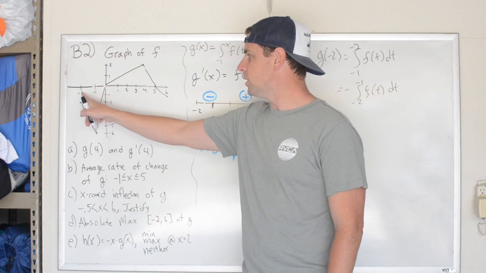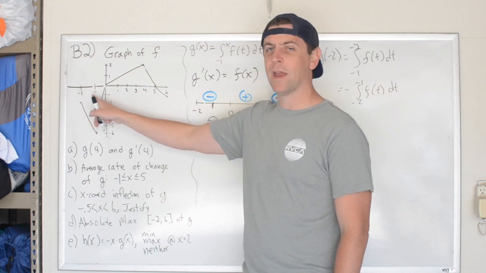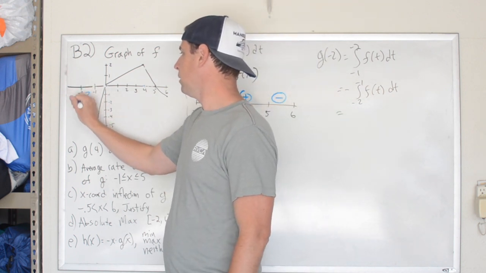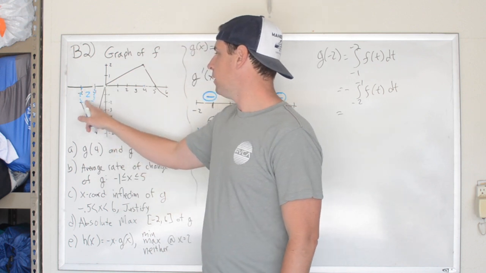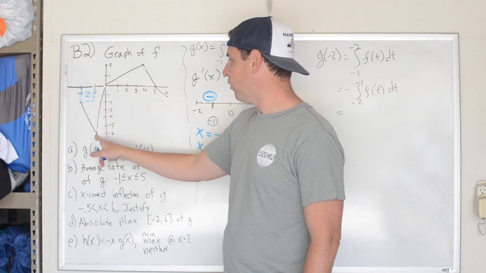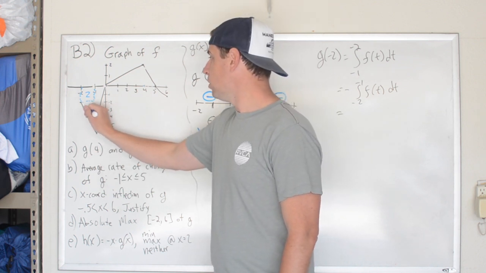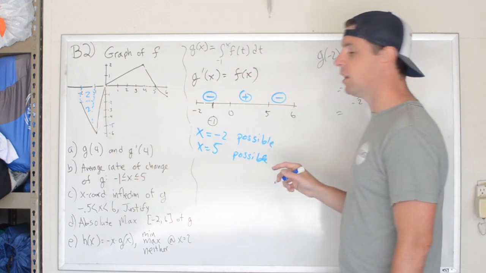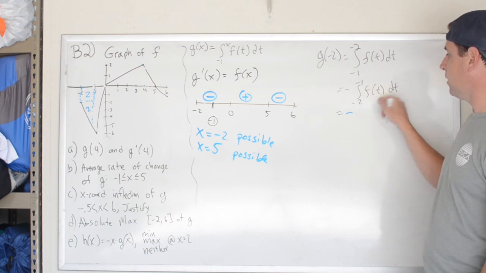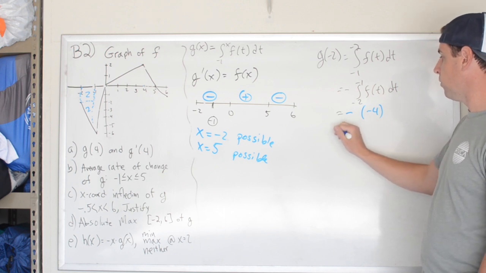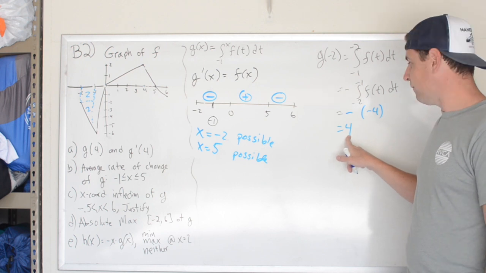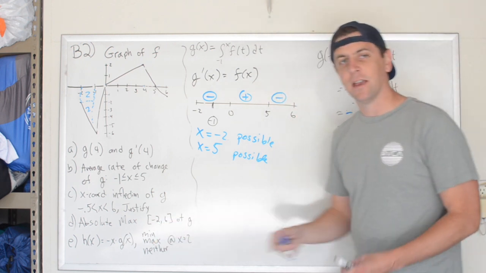From -1 to -2, we can form a small rectangle with area 2, and then this is a triangle down here. This area is 1 by 4, and half of that because it's a triangle, so this is 2 more. Below the curve would be negative, so 2 plus 2 is 4. So the integral is negative 4, and negating it gives a positive 4. So we have positive 4 as a possible absolute value at the x value of negative 2.